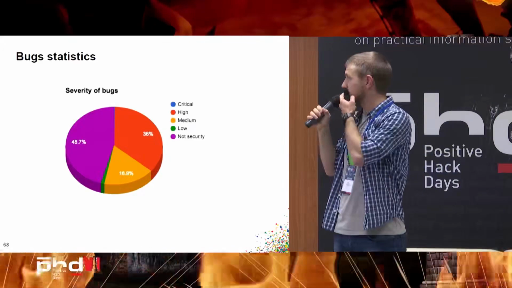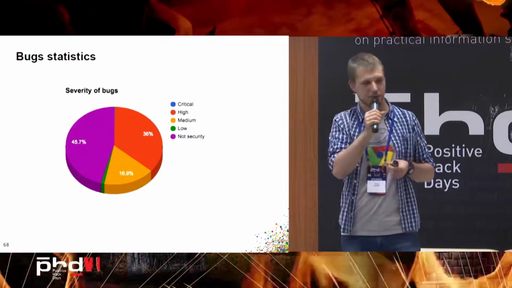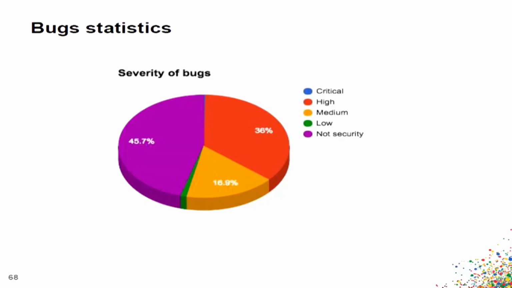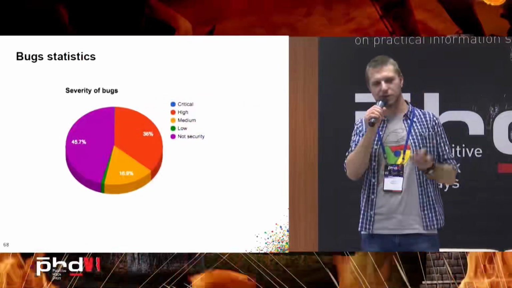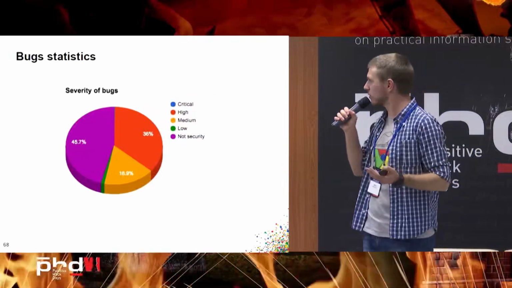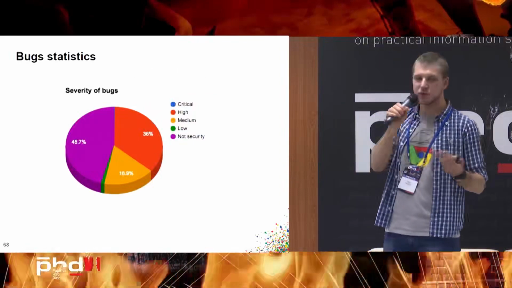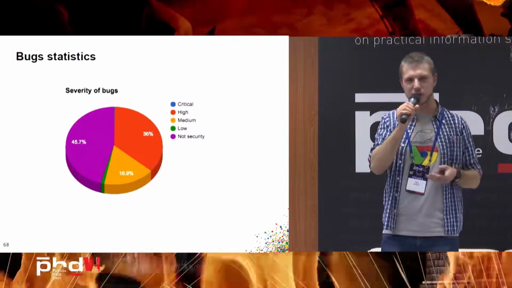This is bug stats. Now we show them by severity, okay, critical bugs are shown in purple. Now, most of the security bugs are high severity.